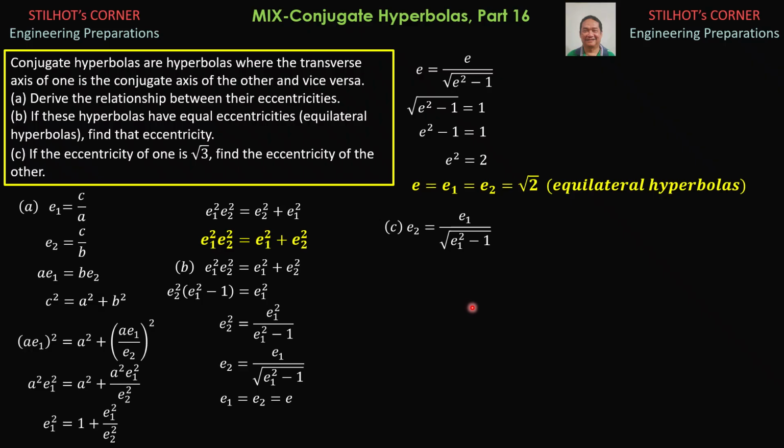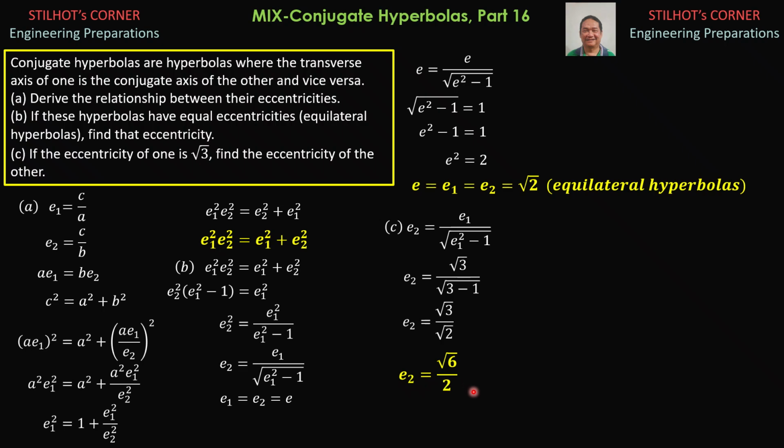So E sub 2 is equal to square root of 3 divided by square root of quantity square root of 3 squared minus 1, and square root of 3 squared is just 3, minus 1. So E sub 2 is square root of 3 over square root of 2, then times square root of 2 over square root of 2. So that means E sub 2 is square root of 6 over 2.